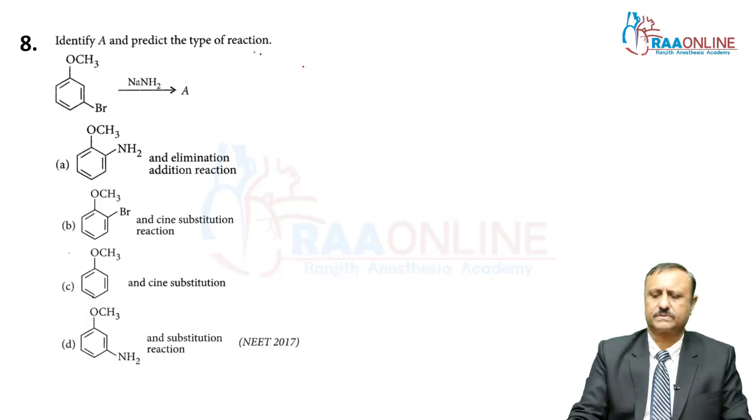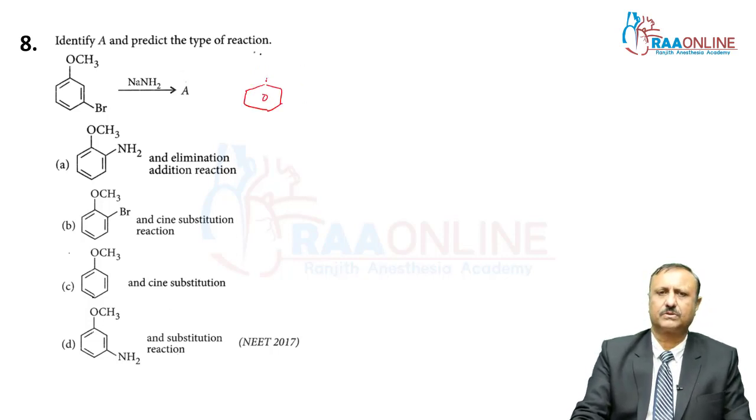Here, my dear students, this is a methoxy group and this is the Br. My dear students, methoxy is an electron donating group. It donates electrons to the ortho and para positions. So, in the ortho and para positions, electron density increases, and the Br attracts these electrons.